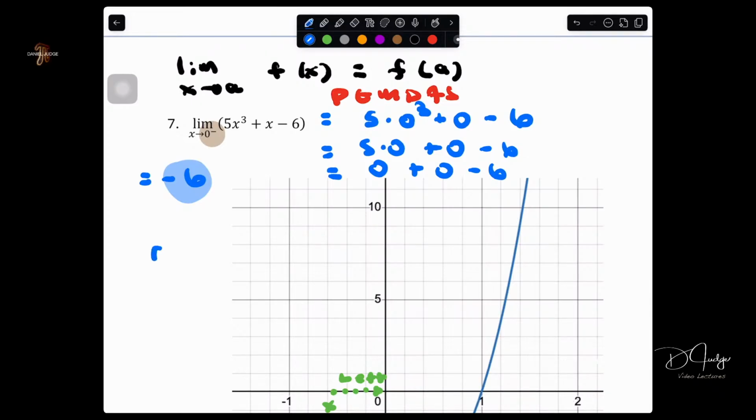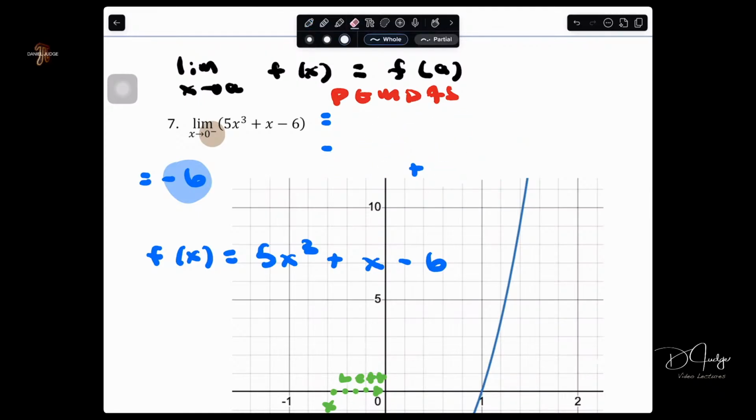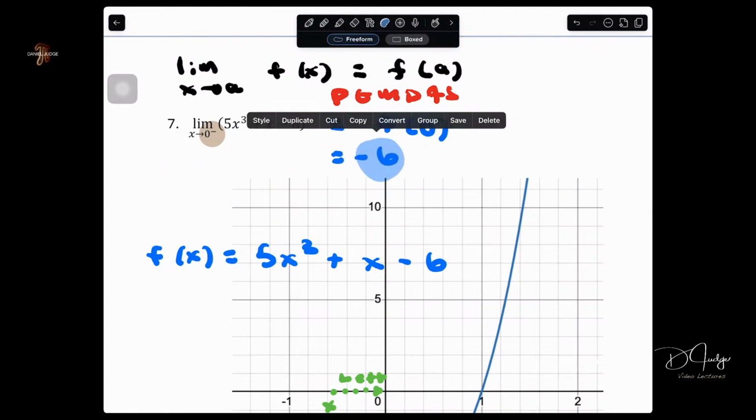And let me emphasize again for those who might be needing to review that the function here is 5x cubed plus x minus 6. We did the order of operations already. We deduced the answer. So very often we just say, hey, just evaluate the function at 0, plug it in, and yes, we already know this equals negative 6.